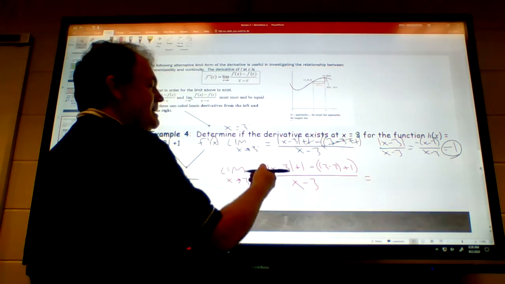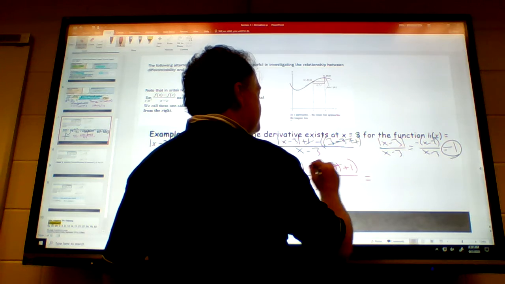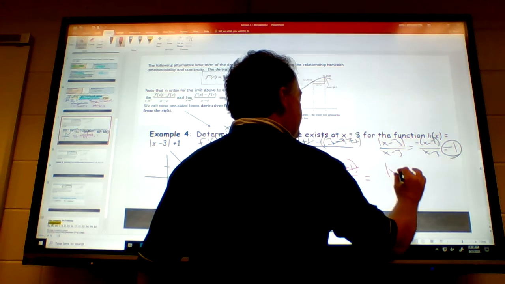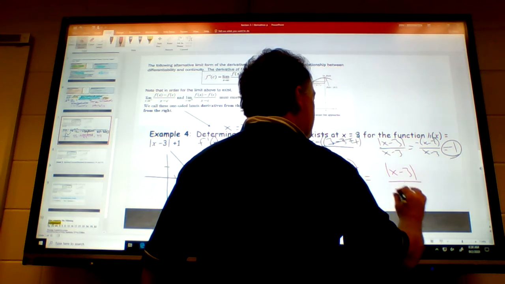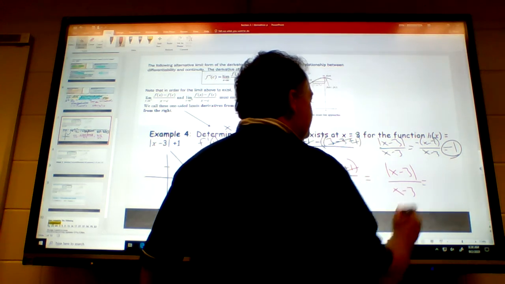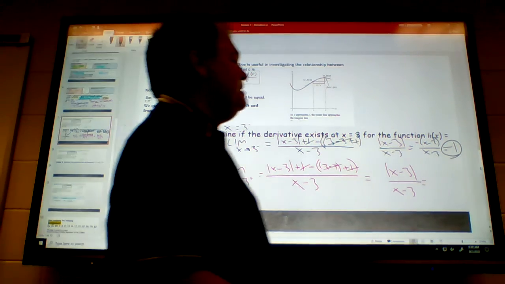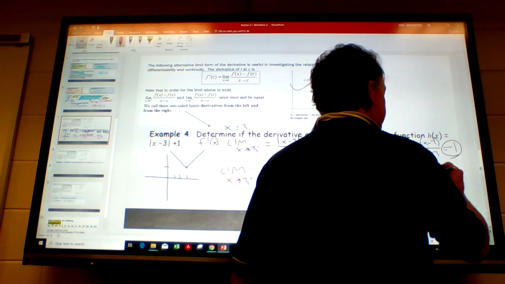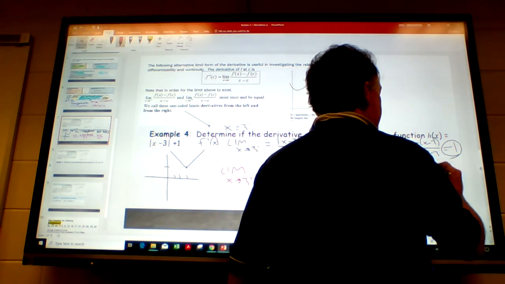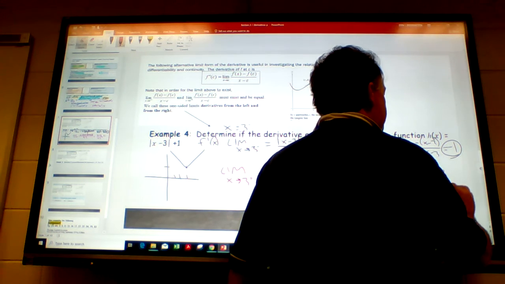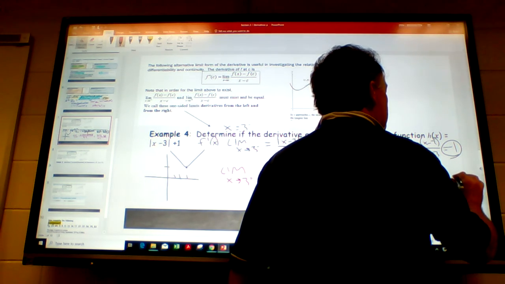Now, once again, the 3's cancel and so do the 1's. So I'm left with x minus 3 over x minus 3. Now remember, the slope is positive coming from the right, so the absolute value is going to be positive. So it's going to be x minus 3 over x minus 3, which equals 1.